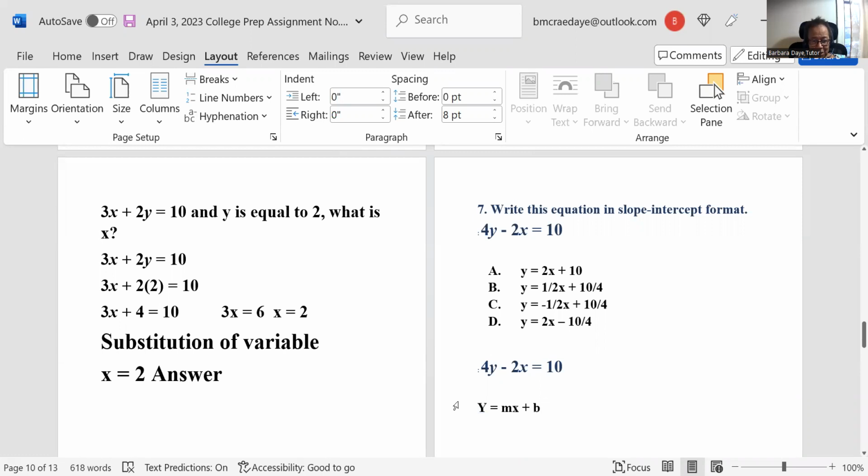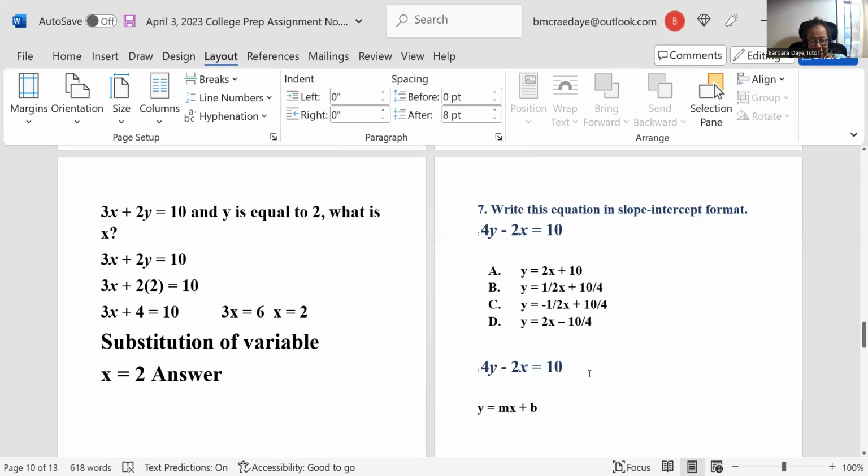So take the 4y minus 2x. Maureen, what would be your first step? We're doing 7. Okay. Write this equation in slope intercept format, something we looked at before. That's the y equal mx plus b.